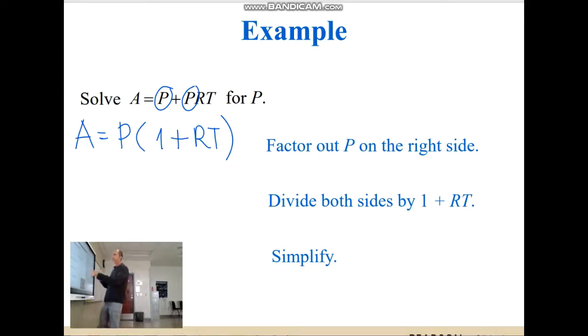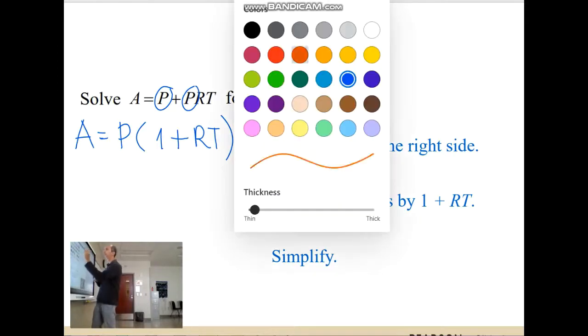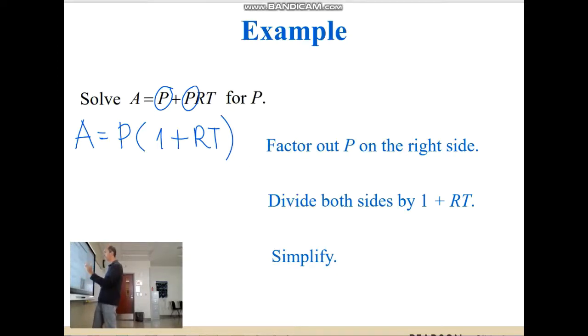The second step, divide both sides by 1 plus RT, or this is the multiplication property of equality. We will multiply both sides of the equation by 1 over 1 plus RT, right?